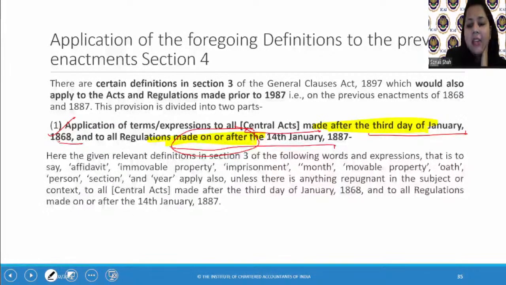So these are the terms whose definitions will be applicable to central acts that were made after 3rd January 1868 and regulations that were made on or after 14 January 1887, like affidavit, immovable property, imprisonment, month, movable property, oath, person. You can read this.